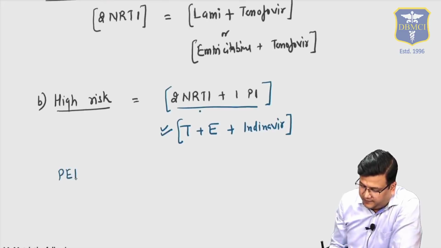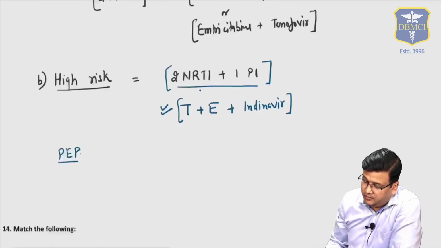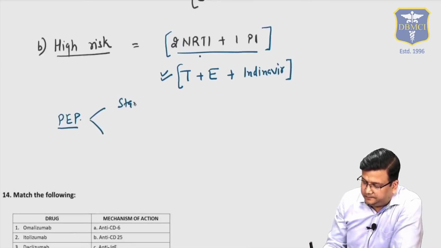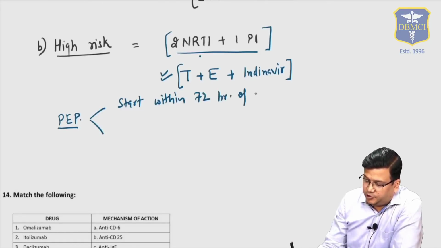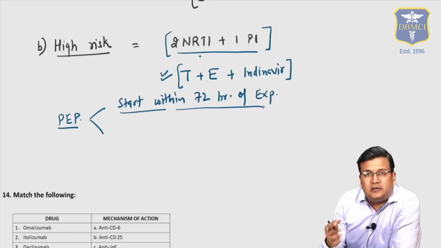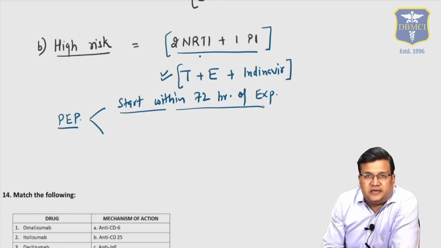The post exposure prophylaxis, you should start within 72 hours of exposure. That is another important thing to keep in mind, that it should not happen that the healthcare worker is exposed today and comes to the center after a week, then we cannot start.